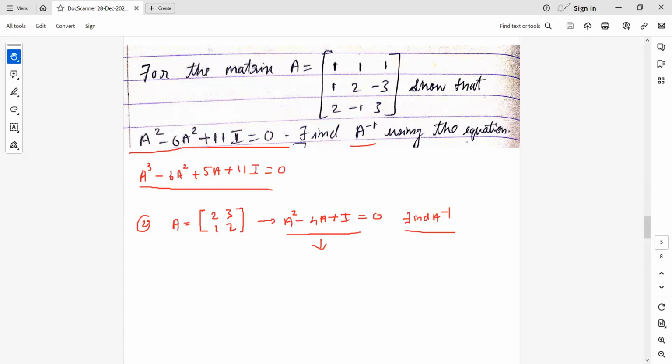So in the LHS, what they ask, A plus B whole dash is equal to A dash plus B dash. That is transpose of A plus B is equal to A dash plus what? B dash. So what doubt you have here? Nikita, if you are present, what doubt is there? You can ask.